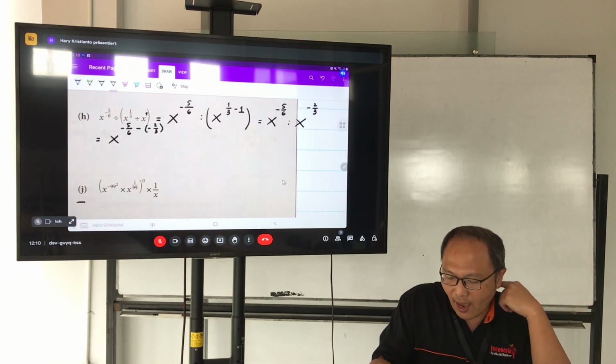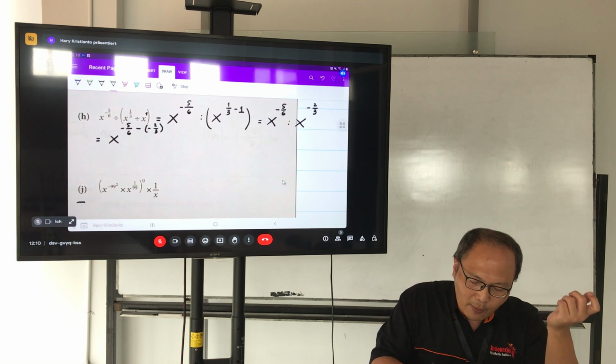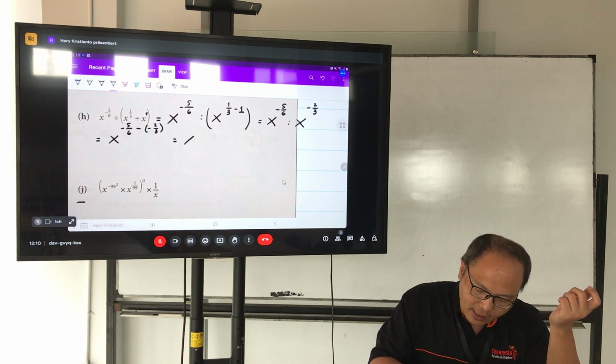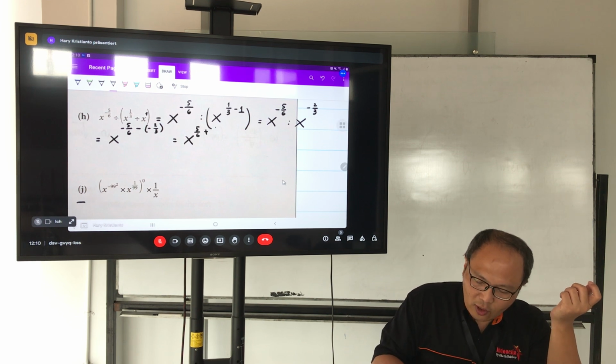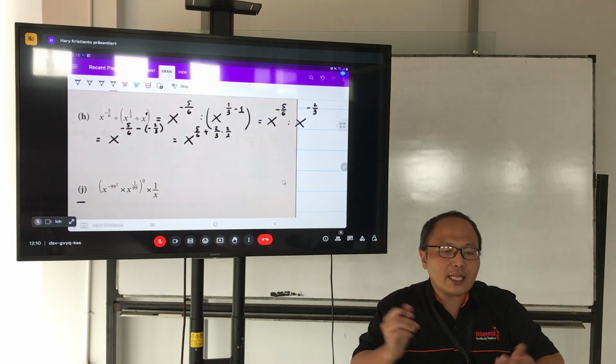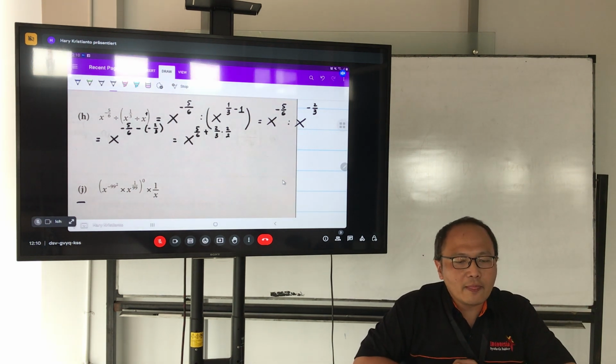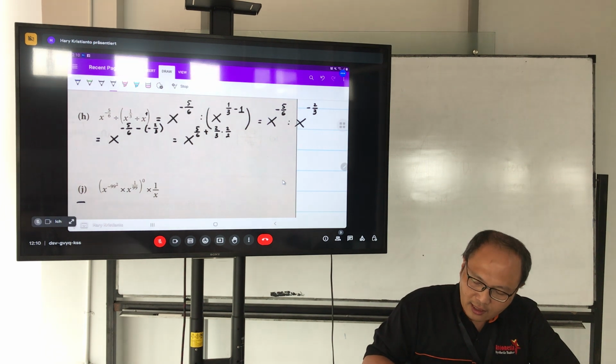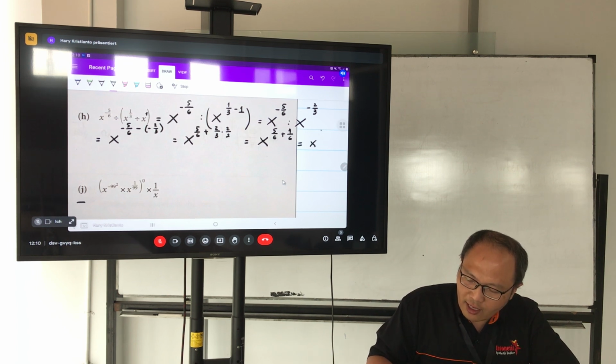Negative minus 2 over 3 becomes positive: 5 over 6 plus 2 over 3, which I will convert immediately into something with the denominator 6. So this is becoming x to the power of 5 over 6 plus 4 over 6, or x to the power of 9 over 6.